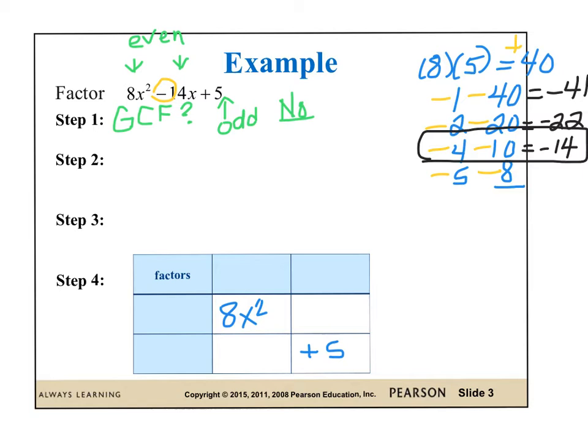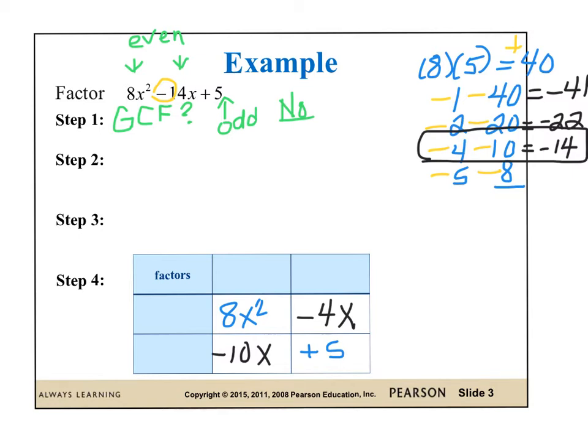And so we know now what goes in these other two boxes, and it doesn't matter which one goes in which box. There's going to be an x in each one of them because x times x gives us x squared. But one of them has to have negative 4x, and the other one has to have negative 10x.